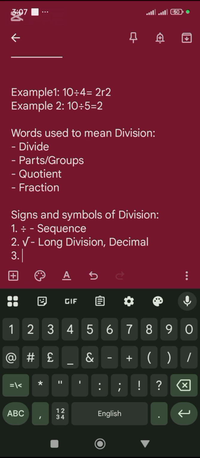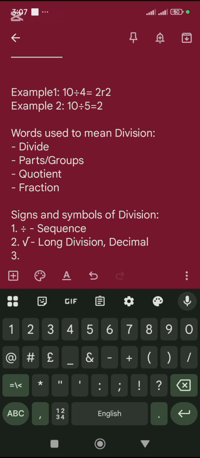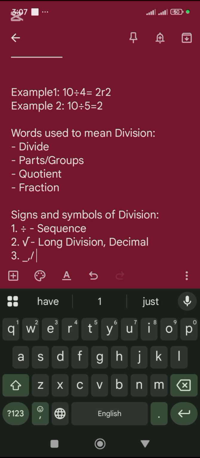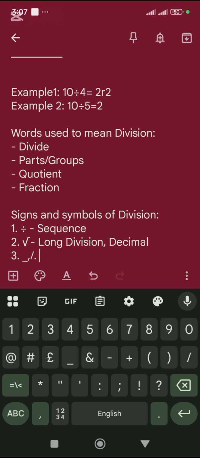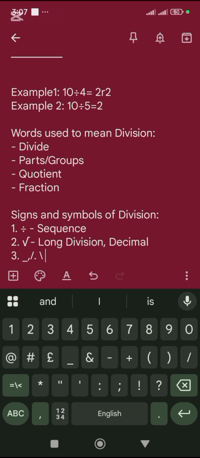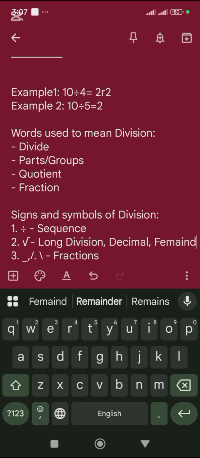And we have something like this, more like a dash, and like this. Let me give them space so that you see what I mean. These signs are used for division, and they are mostly used for fractions. This also is used when we have a remainder.